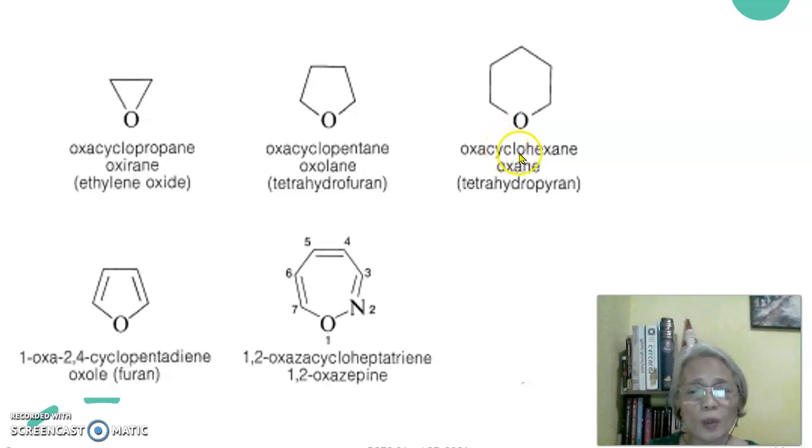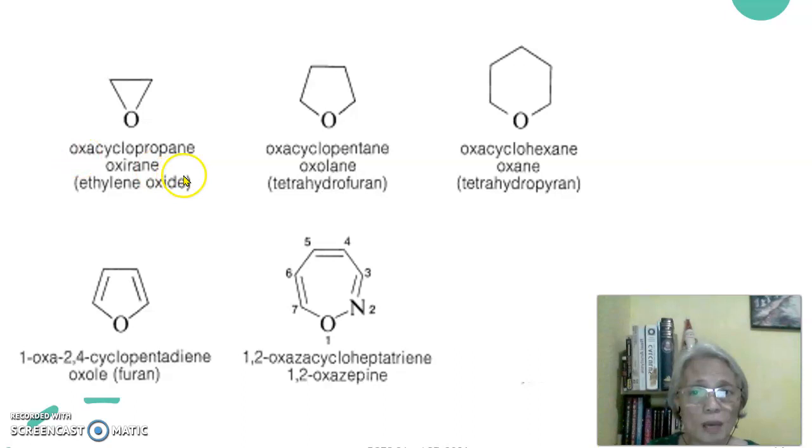The oxacyclohexane can be called oxane or tetrahydropyran using the common name. Take note that carbon in all these cyclic compounds is replaced by oxygen.